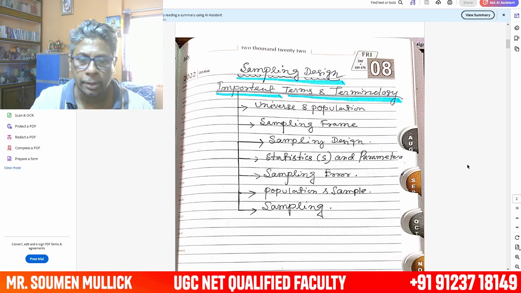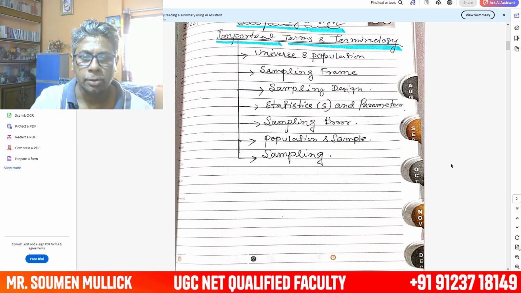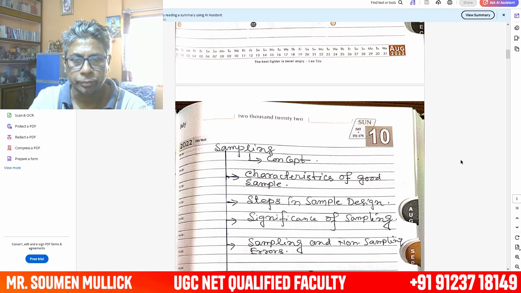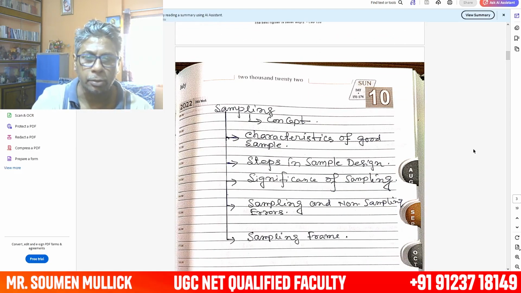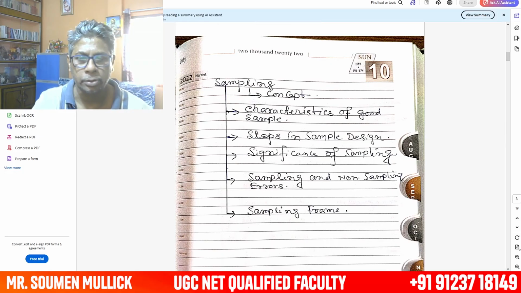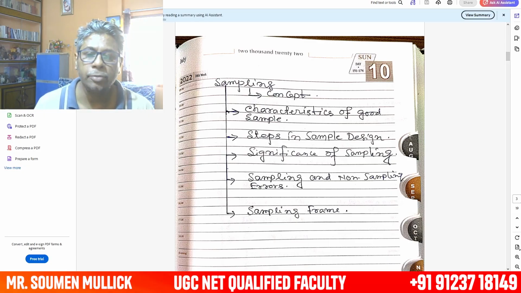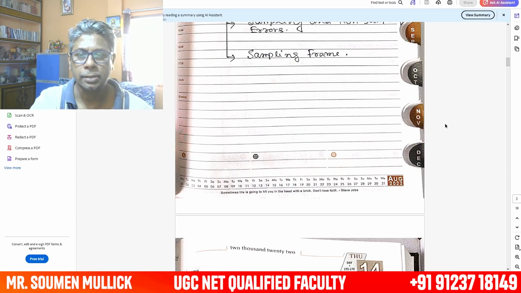Number 5, sampling error. Number 6, population and sample. And number 7, the sample. Under the section of sampling, we have to study the concept, characteristics of a good sample, steps in sample design, significance of sampling, sampling and non-sampling error, and sampling frame.